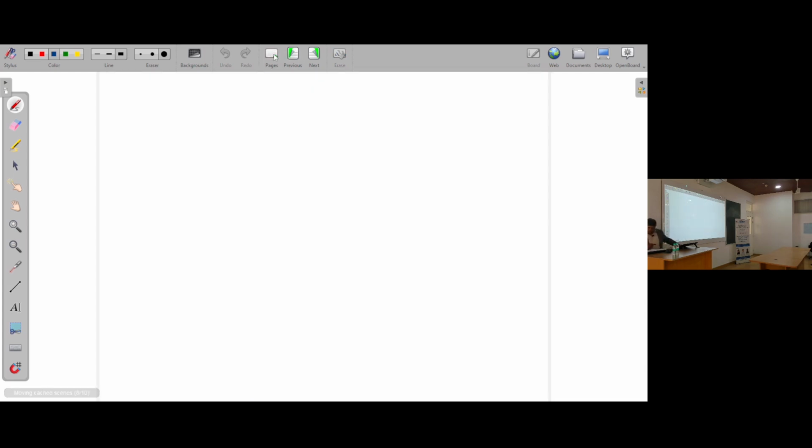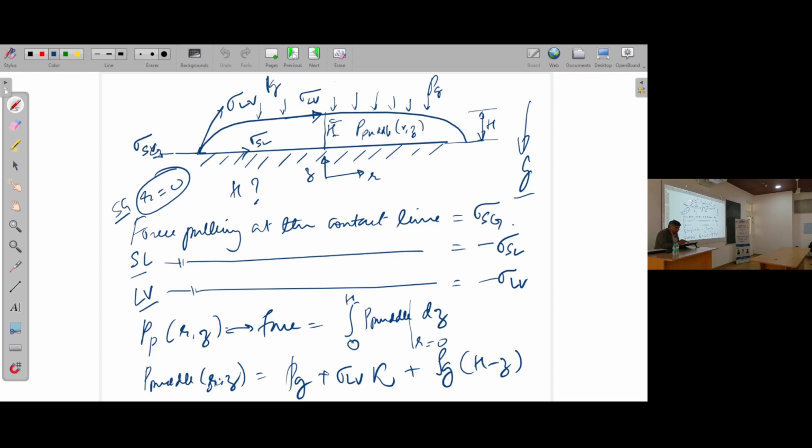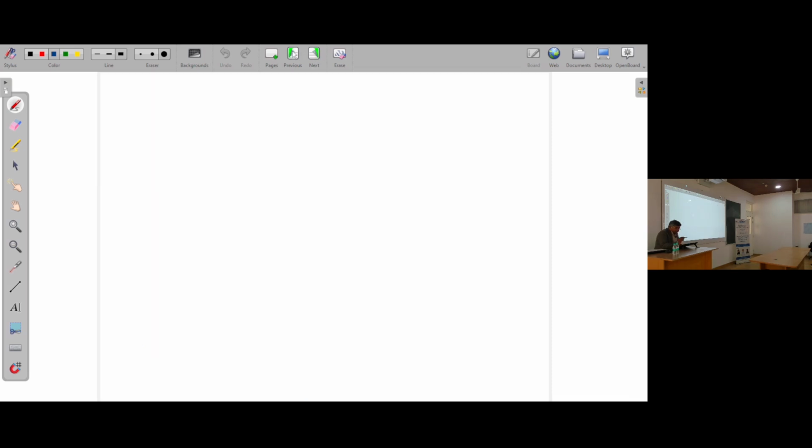Okay, this one. So basically, I can write this as, force by the puddle is equal to integral 0 to h. It got erased, I think. Okay, fine. Doesn't matter.